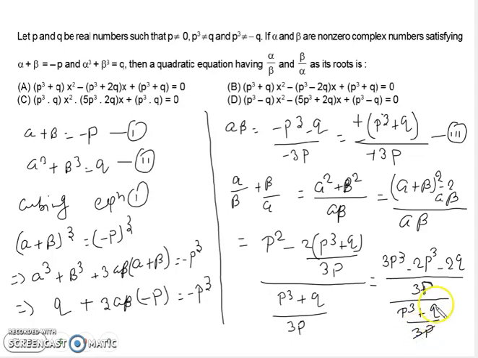We can cancel both the 3p terms, and after cancelling we will get this term.